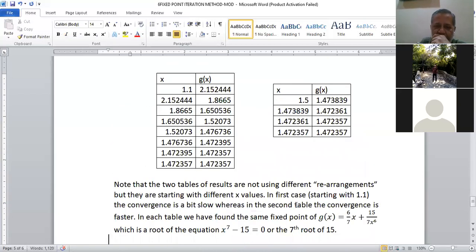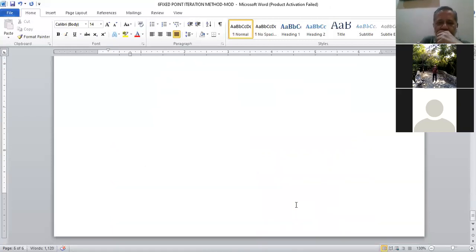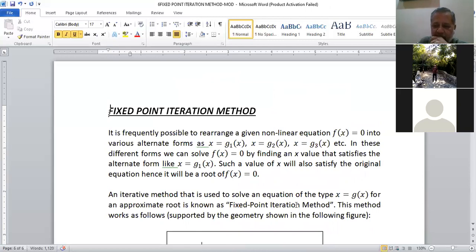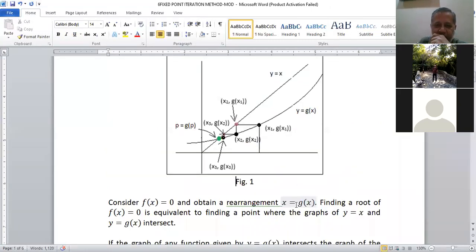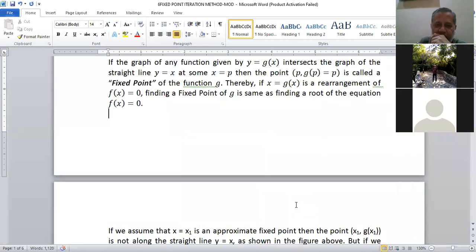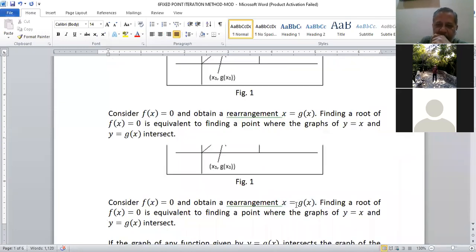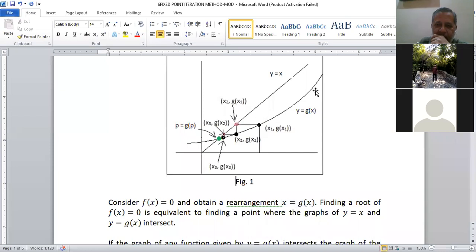So that finishes the fixed point iteration method discussion. What are the important things? The important thing is the understanding of this process: how we are moving along the graph of g so that the point we get every time is coming closer and closer to the line y = x.